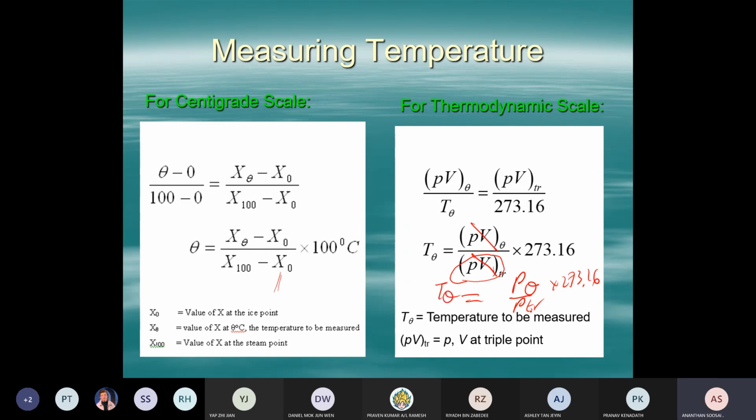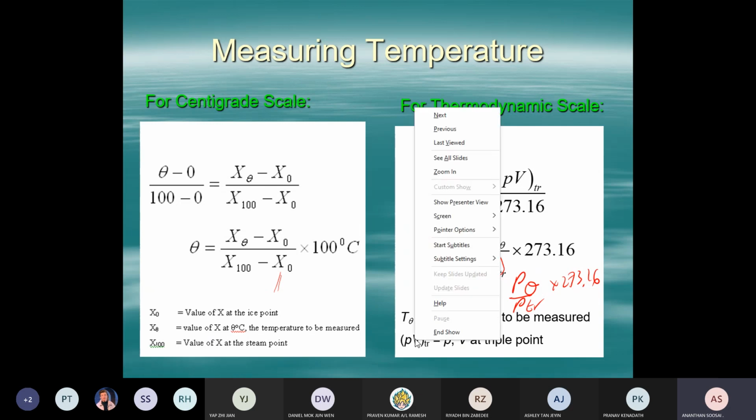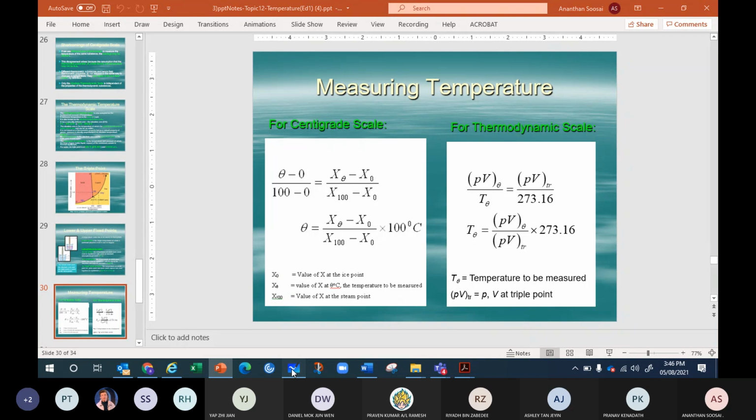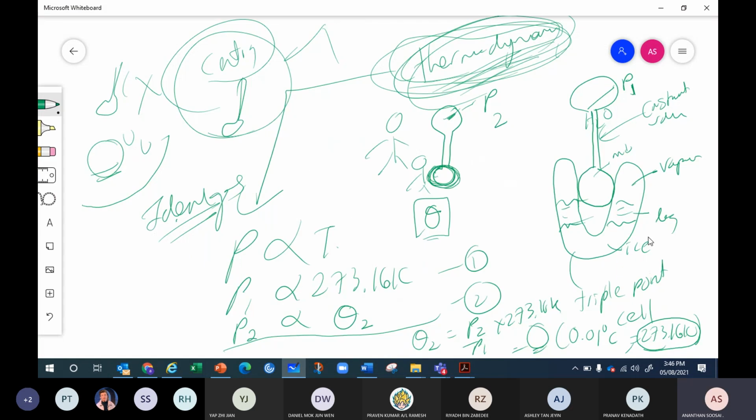Now you might think, what is this PTR? PTR is actually the earlier P1. The P1 is PTR, the pressure at the triple point of water. So P1 is the PTR, the pressure at the triple point of water, proportional to 273.16 Kelvin.